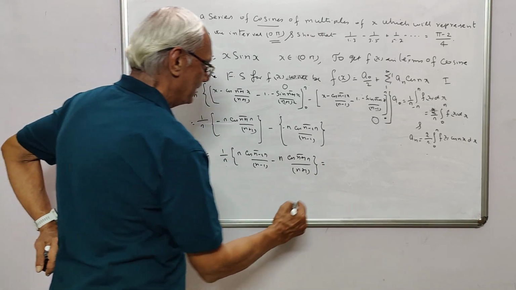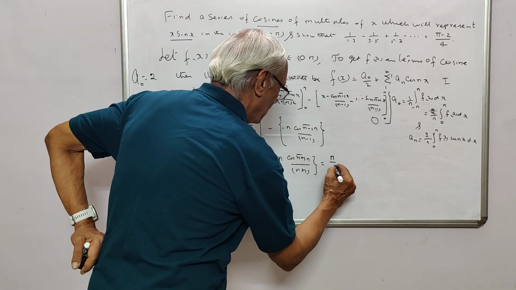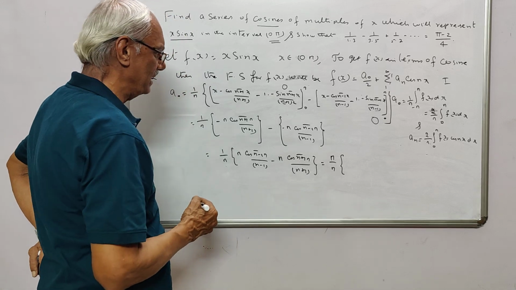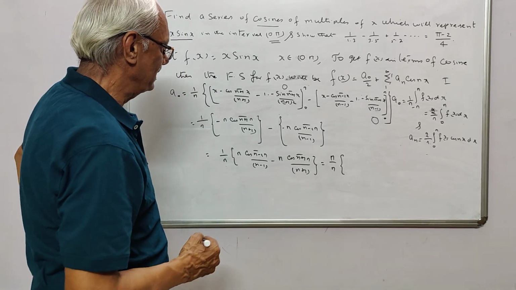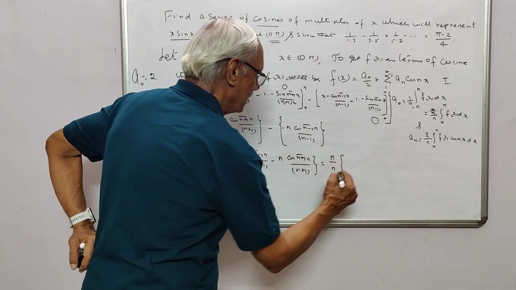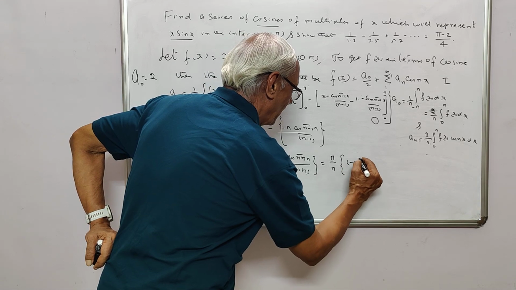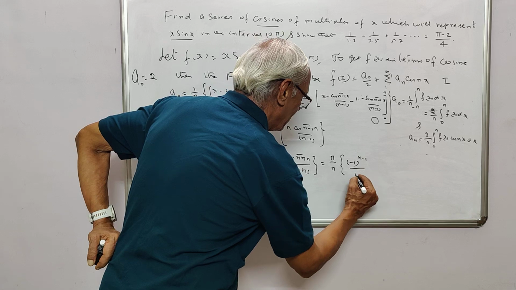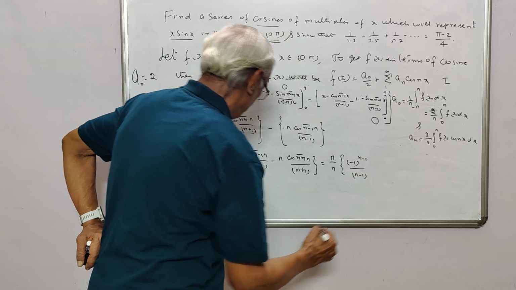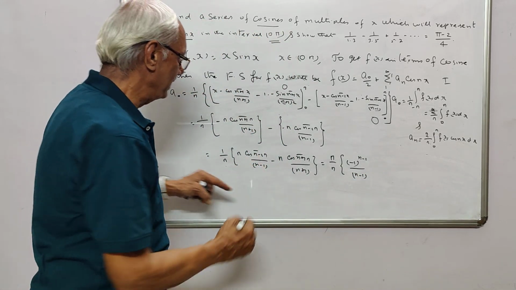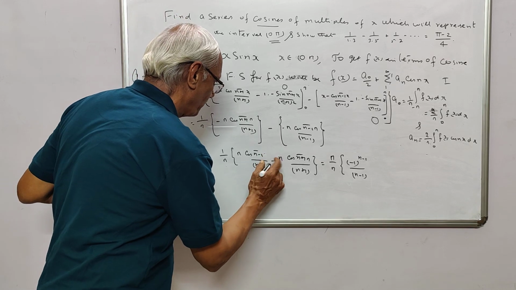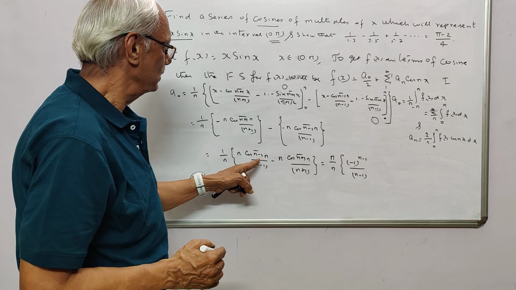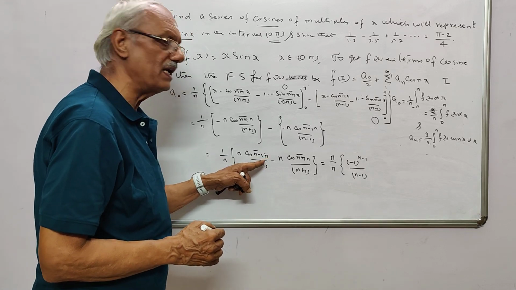Now pi will come out, pi by pi, and you see that this is cos (n minus 1)pi. Cos (n minus 1)pi means what? You can write this as (minus 1) to the power of n minus 1, divided by n minus 1. So you can get the values of all these by taking.